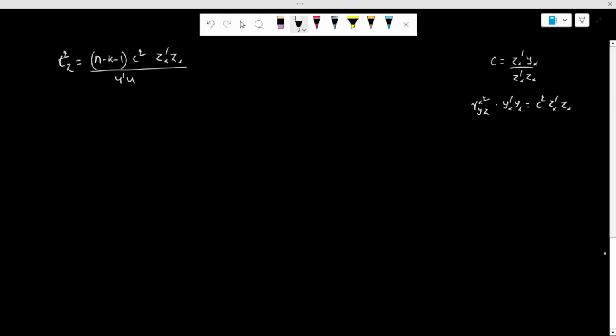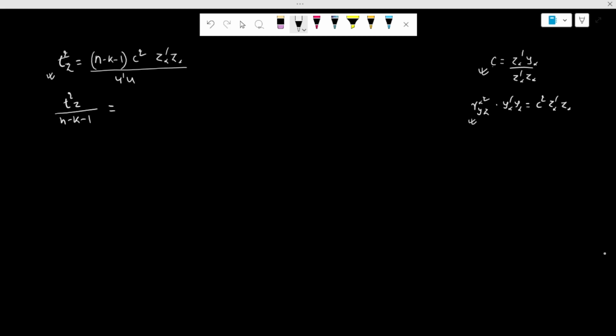So we have already seen this relationship. We have calculated c making use of the beta estimate of partitioned regression, we have established this relationship making use of the partial correlation coefficient, and we have derived this relationship making use of the t-score of the individual variable z. Now let us see t squared z divided by n minus k minus 1.